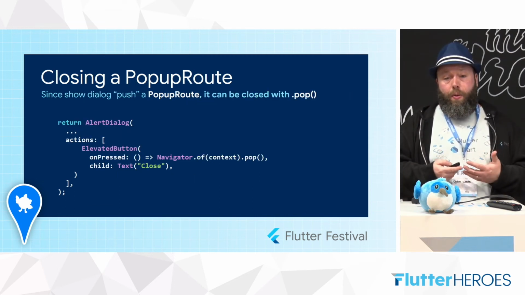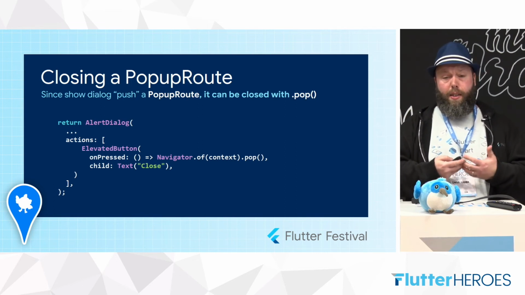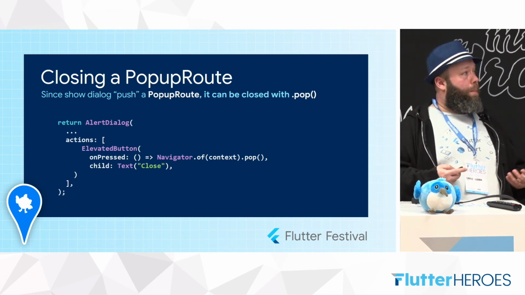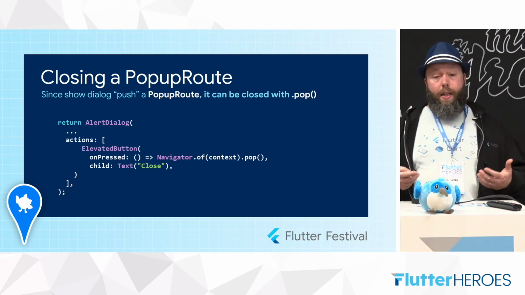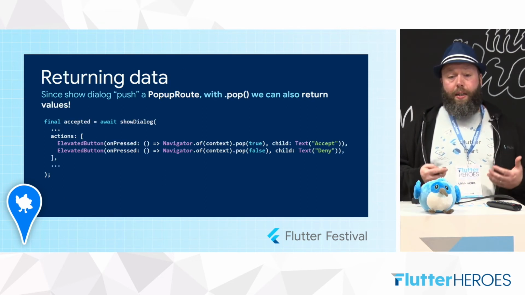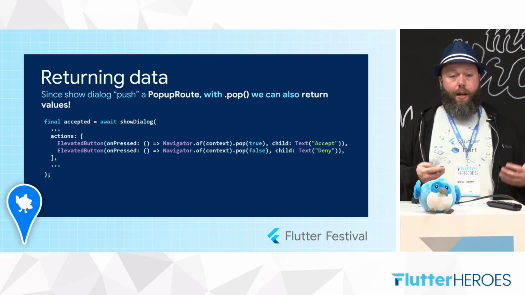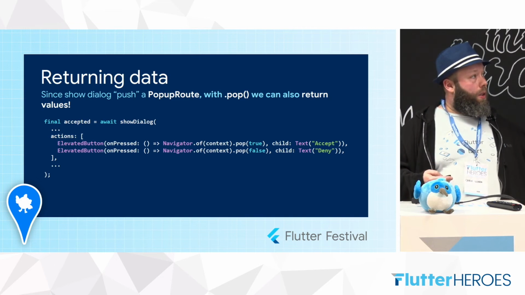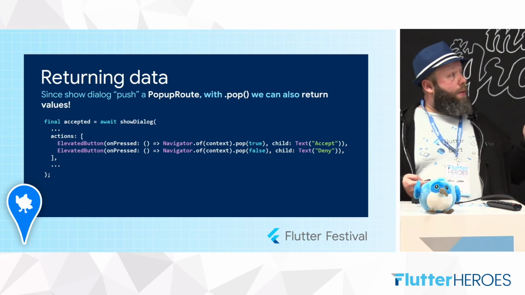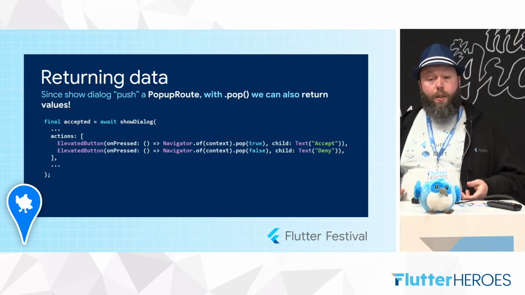To close the pop-up route, since the pop-up route is still a route and is still inserted into the navigation stack, we simply call pop. And since it is a route, we can still return data from that. For example, if we have an AlertDialog with the actions to accept or close, we can have two buttons and simply return true and false in the pop method.